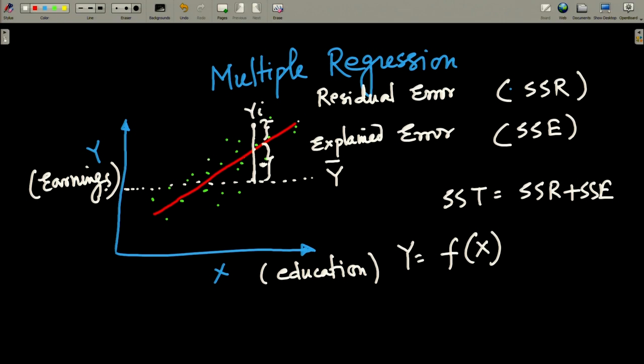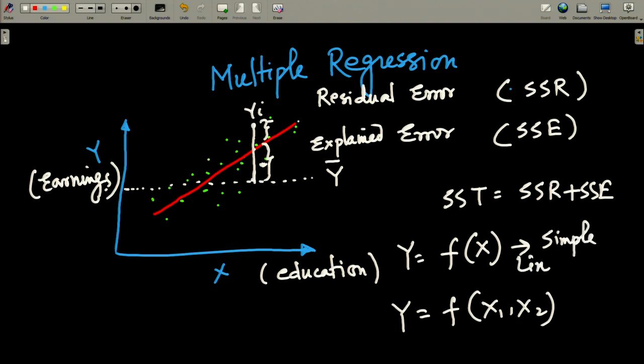But when I have more than one explanatory variable, y is equal to, let's say, f of x1, x2, it is a case of multiple regression. So here I write simple linear regression. We are only talking about linear regression, and here we call it multiple regression. This is also a linear regression, multiple regression.